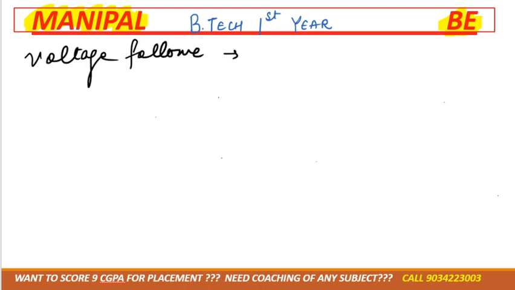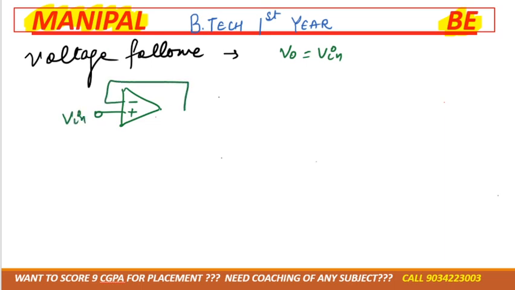In the voltage follower case, the output voltage must equal the input voltage, and in this case negative, positive, this is Vin, here there is no resistance in the feedback and in the input also, that's why output voltage is equal to the input.